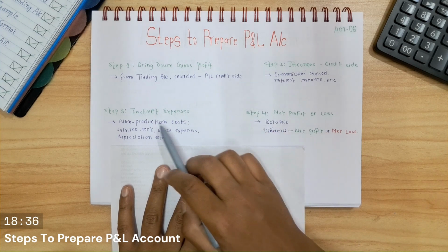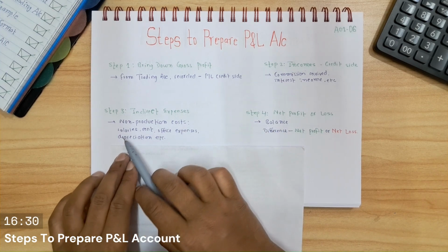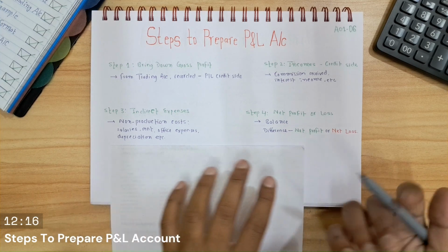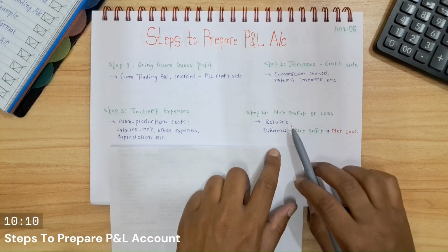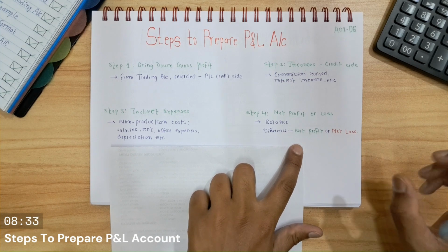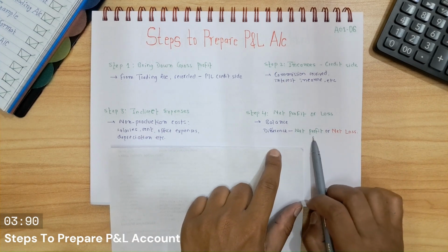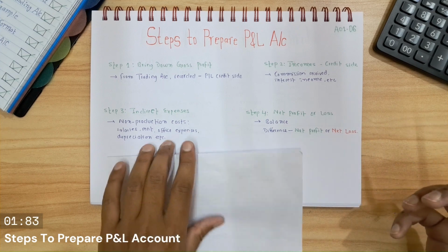These are non-production costs like salaries, rent, office expenses, depreciation, etc. Step four, find net profit or loss by balancing both sides. The difference is your net profit or net loss.